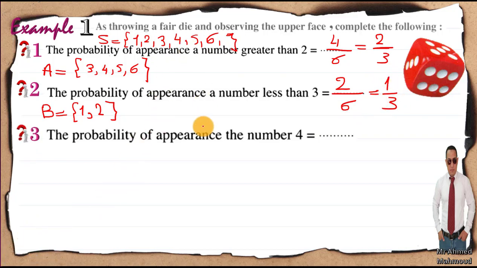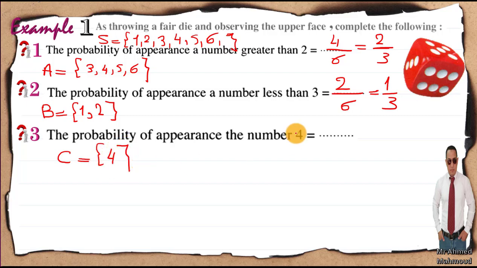By looking carefully, the probability changes every event into a number. This is the purpose of probability: to change the event or the expectation into the form of a number. Now the probability of number 4, the event C, equals the set {4}.